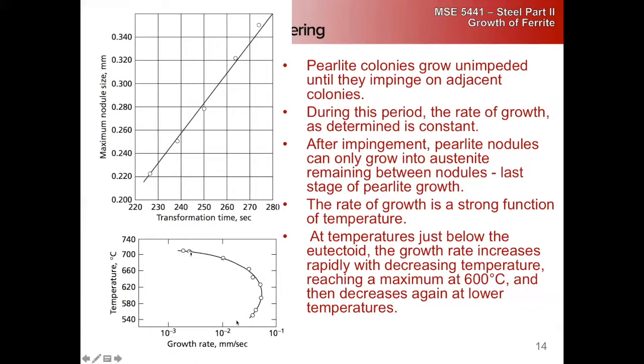And then as we go down, our growth rate decreases again, right? So why does our growth rate decrease again at lower temperatures? All right, it's just diffusion limited, right? Okay. So it's the same balance between driving force and mobility, right?